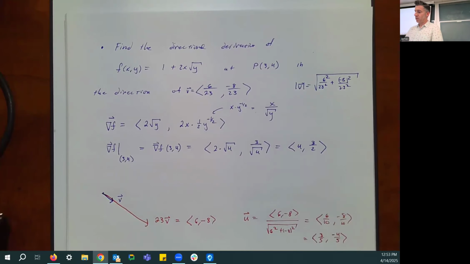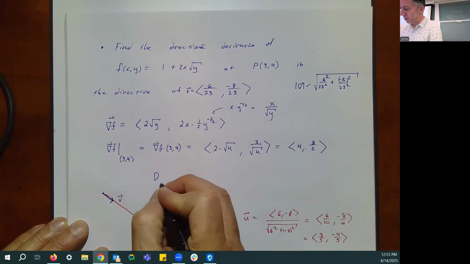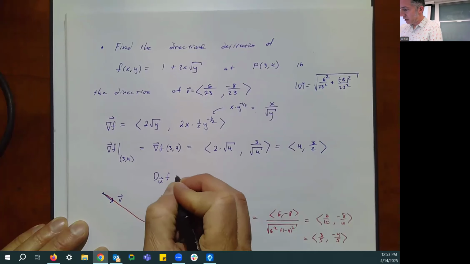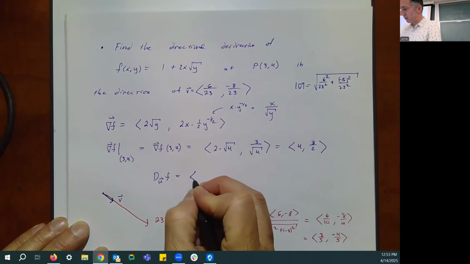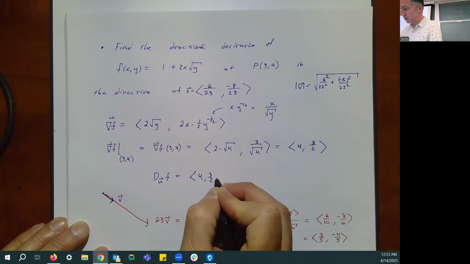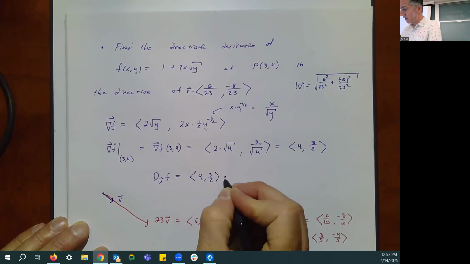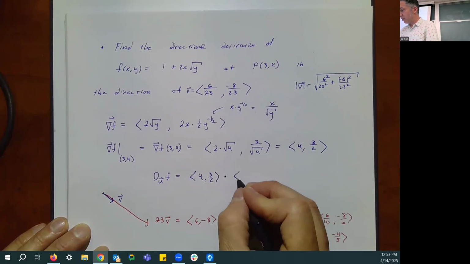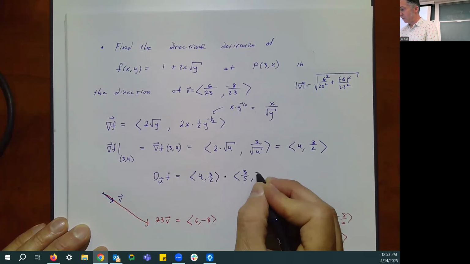So now our derivative is going to equal the gradient <4, 3/2> dotted with our unit vector, which is <3/5, -4/5>.